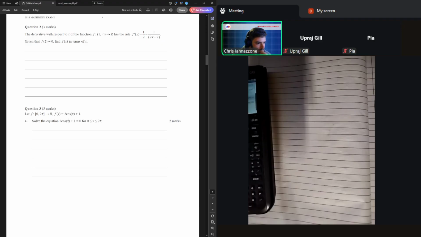Solving a circular function over a particular domain. Very common question.